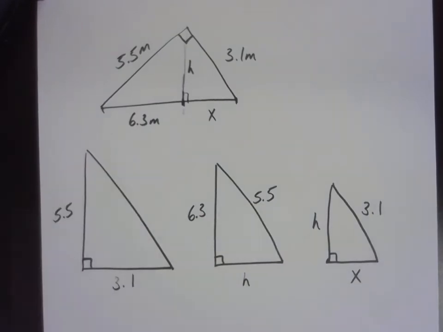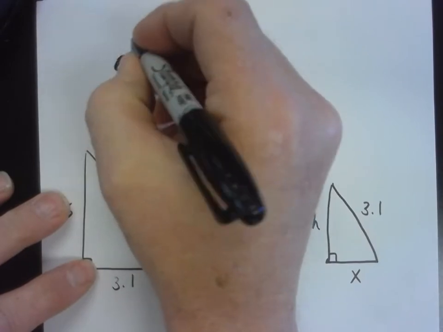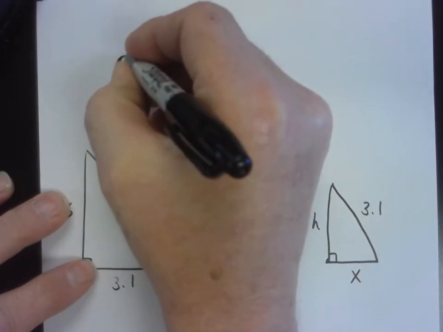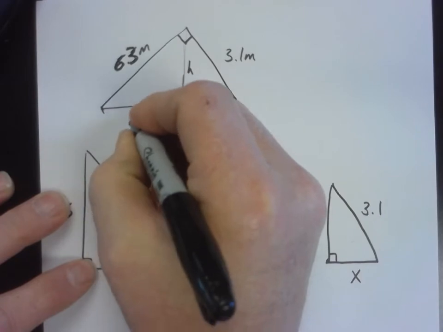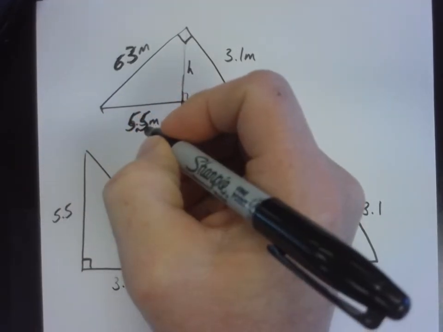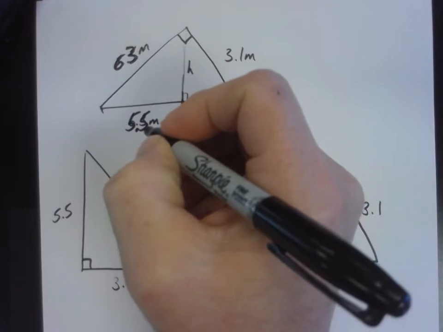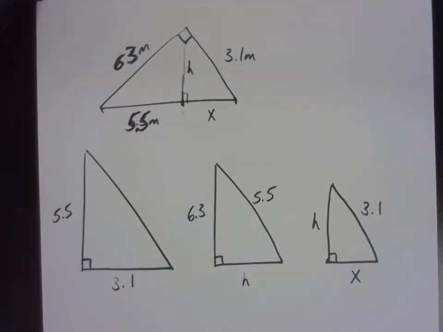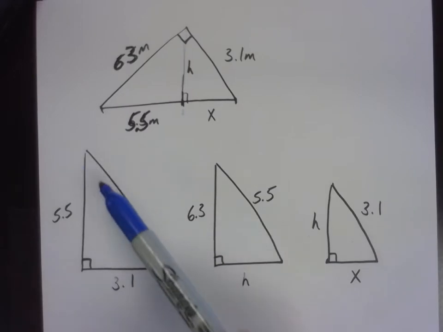Let's change that. Let's make this 6.3 and make this one 5.5. Okay, and then how long is the hypotenuse of the biggest triangle?